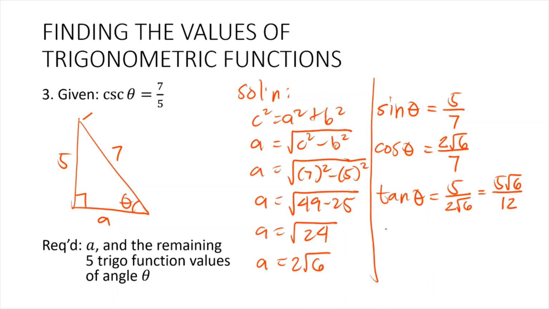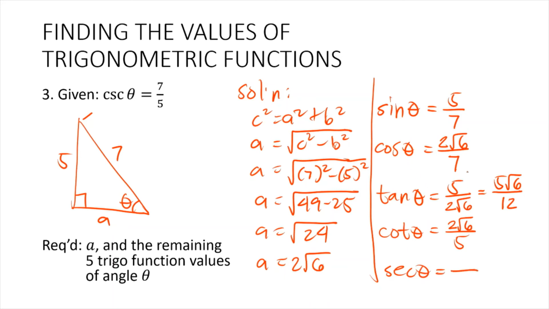Next, let's solve for the cotangent value of angle theta. This is, again, the reciprocal of tangent. So we can just take the reciprocal of this expression here. So 2 square root of 6 over 5. Okay. And then lastly, secant. This is the reciprocal of cosine, right?